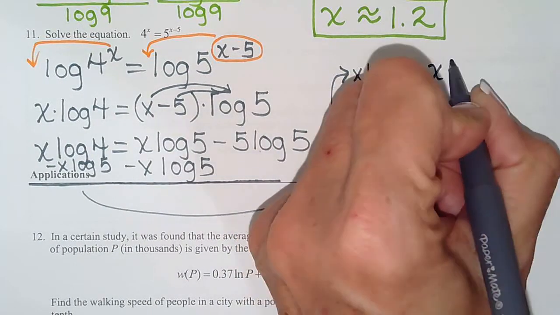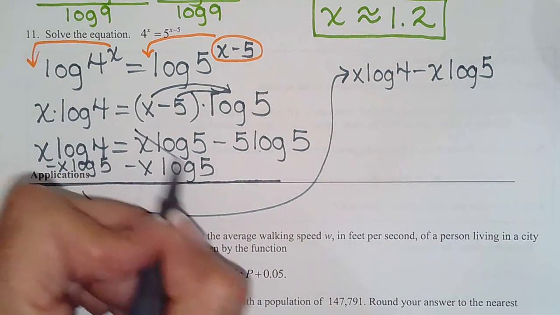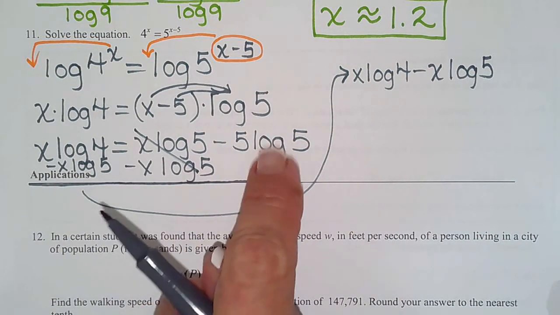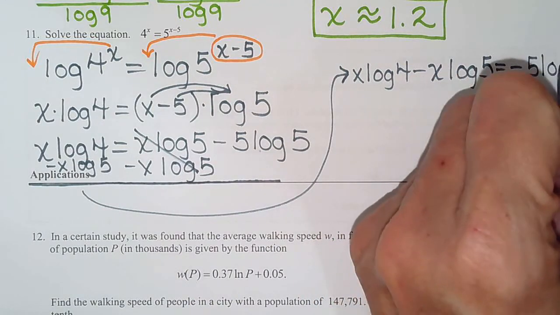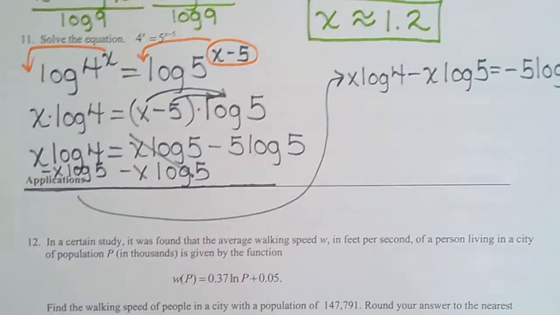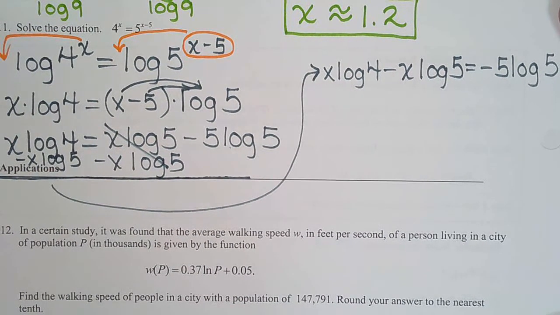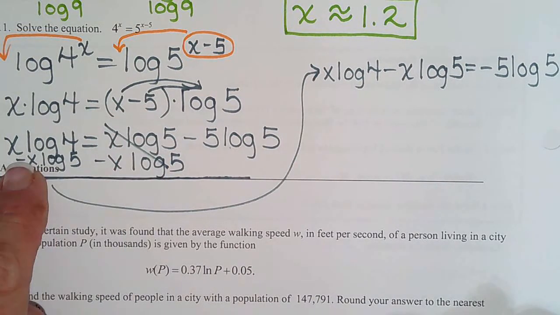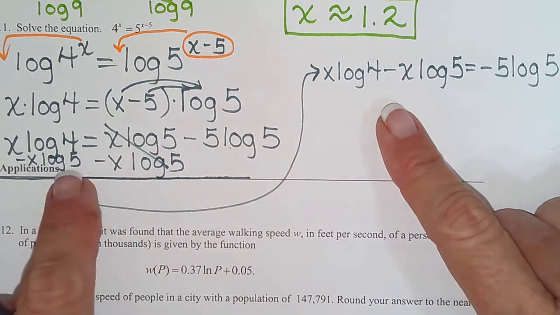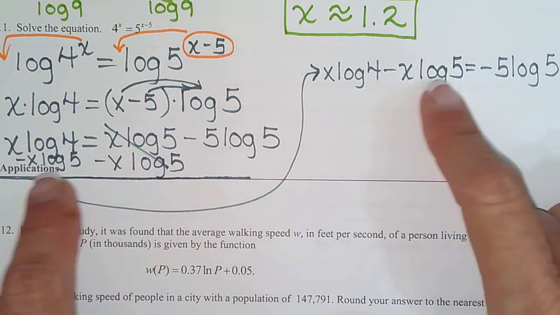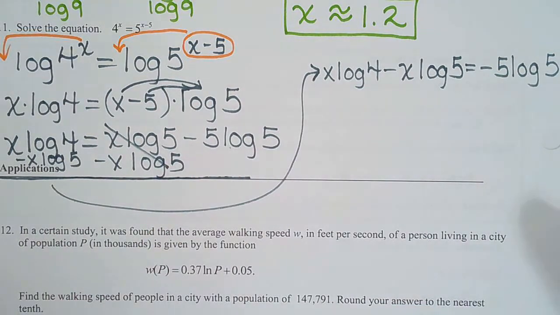I know you cannot combine those, they're not like terms, equals negative 5 log of 5. Okay, so let me make sure everybody understands where it all came from. So you brought this log over there because you needed the two x's on the same side, preferably the left. So x log of 4 minus x log of 5 equals, that cancels out, negative 5 log 5.